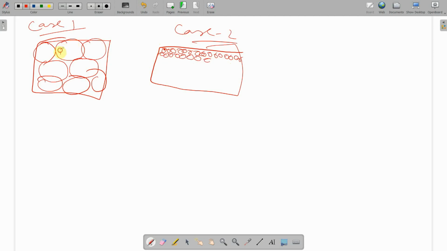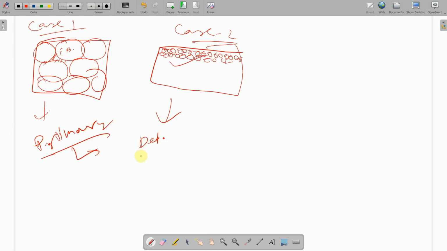So these are the footballs and these are the tennis balls you are filling it up. Now tell me, in which case will you have more porosity? Case 1, because the gap between these larger grain sizes will be maximum compared to this one. So the primary porosity basically depends on the depositional environment, the composition of the rock, and the size and shape of the constituent grains of the rock.